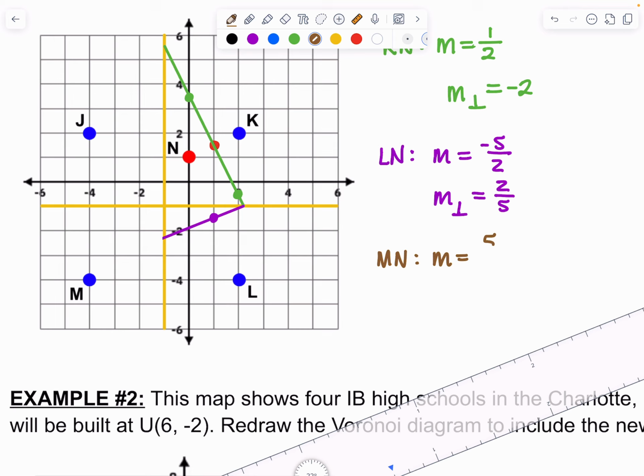So going up 5/4, which means that my perpendicular slope is going to be -4/5.